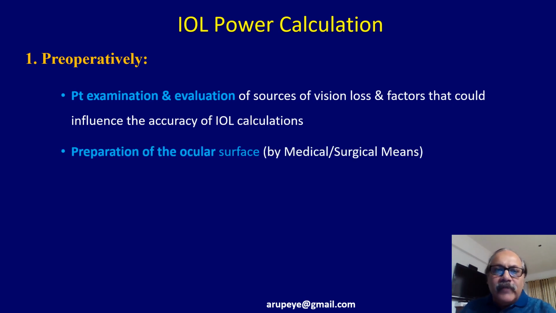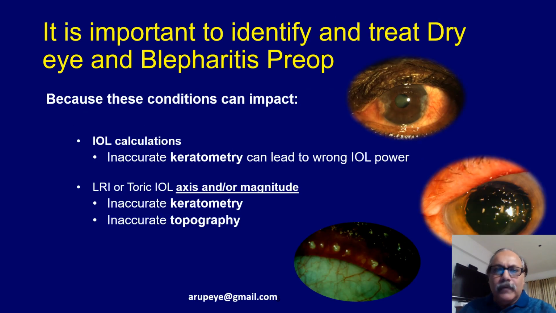I would also be very keen to study the ocular surface of every patient that undergoes biometry, because it is well known for the last couple of years that a suboptimal ocular surface may not only adversely impact the toric IOL calculations but also non-toric calculations.